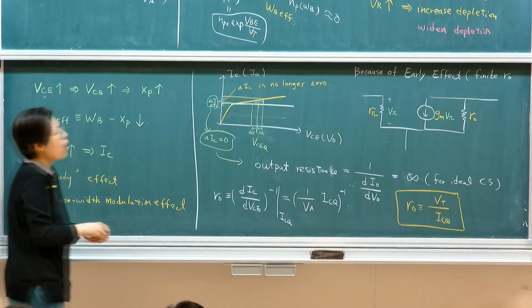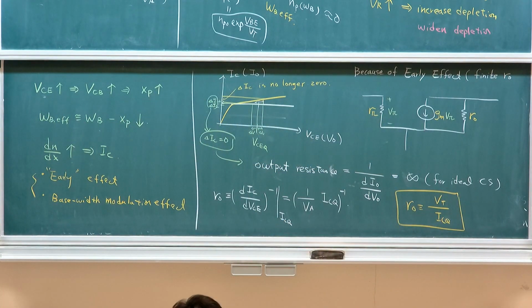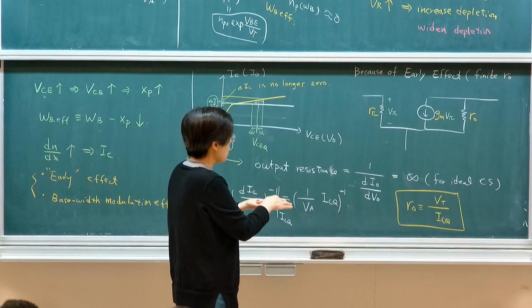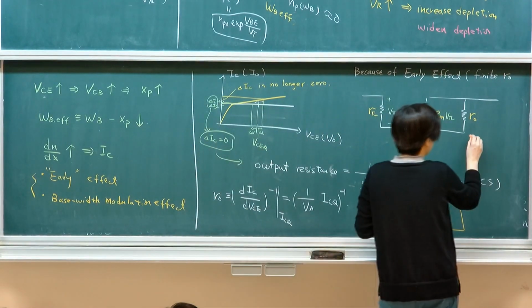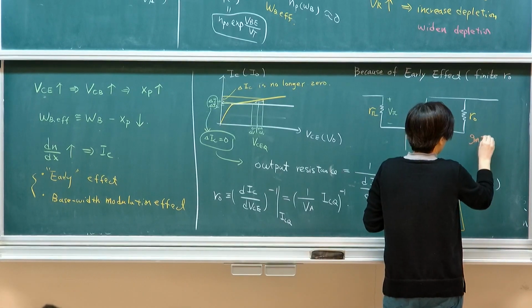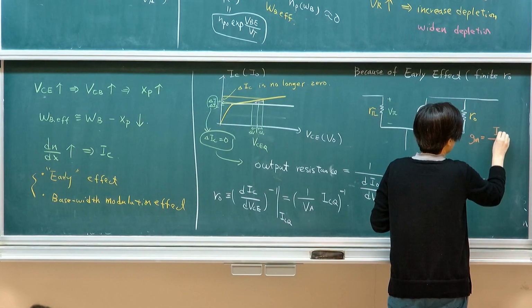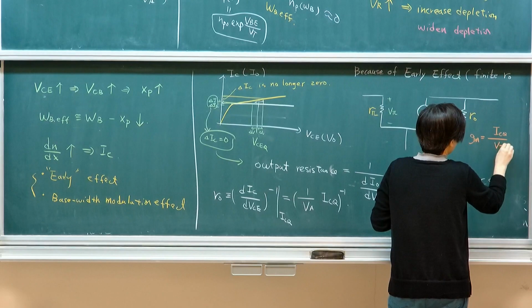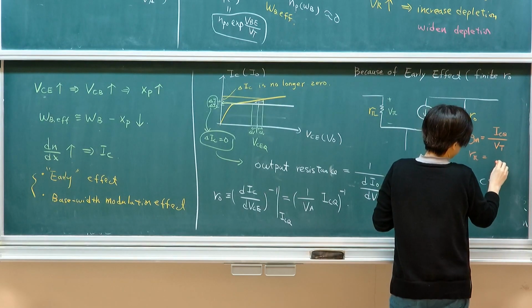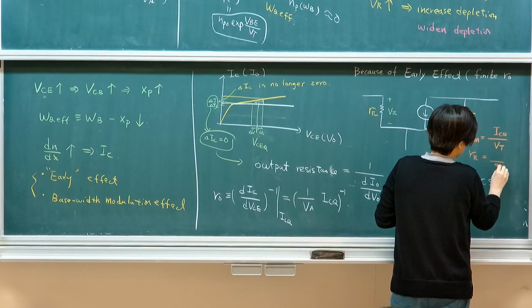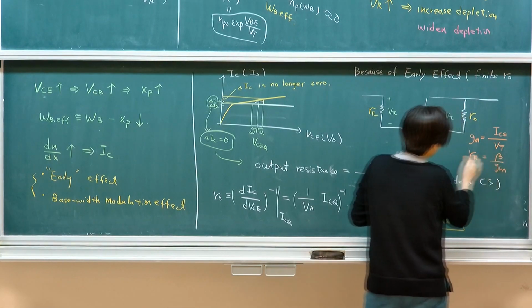All the small signal parameters will depend on your quiescent point, ICQ. So once again, let me summarize the refined small signal model. I have GM, which is ICQ over VT. I have R pi, which is the inverse of GM times beta.